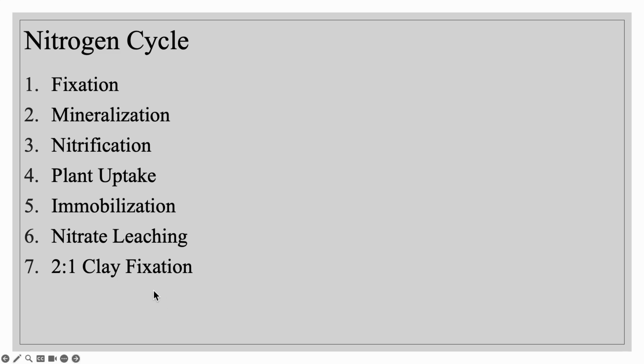Then 2-to-1 clay fixation. This is a potential fate. It's not a major one, but if you can remember all the way back from Module 1 with those clay layers, our 2-to-1 clay layers, remember, they're the ones that expand. So our smectites and our vermiculites are the ones that expand. And remember the pockets?